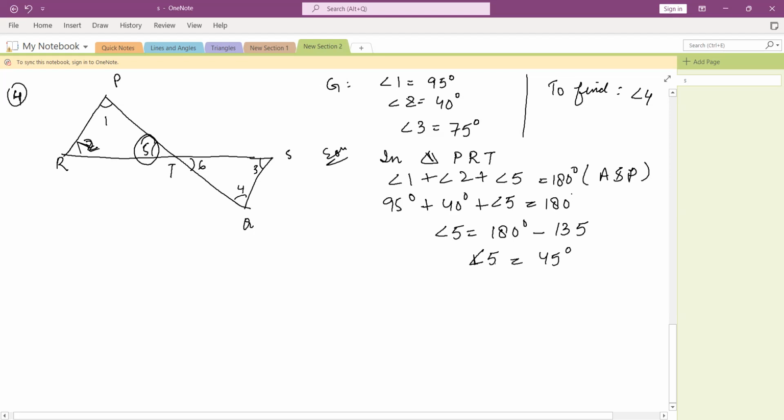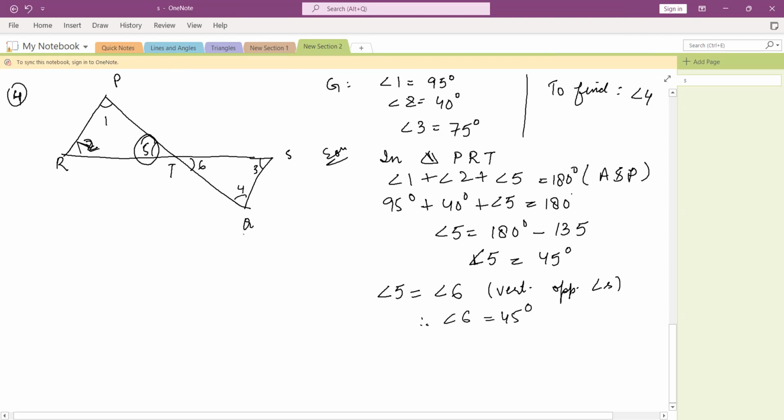Yes, Hamna. Is it fine? Okay. Now, can we say angle 5 is equal to angle 6? Hamna, why? Ma'am, because vertically opposite angles. Exactly. Vertically opposite angles. Okay, so therefore, angle 6 is also equal to 45 degrees.